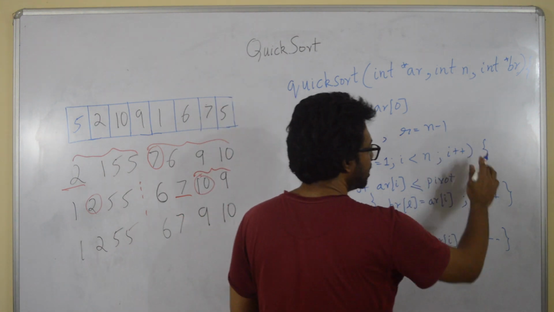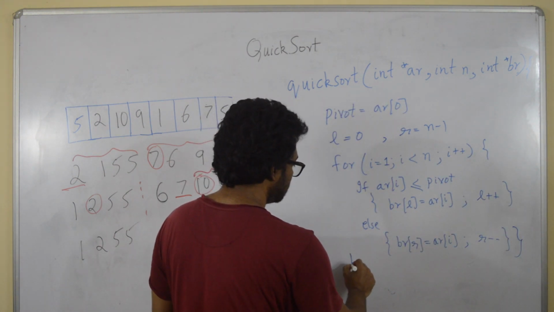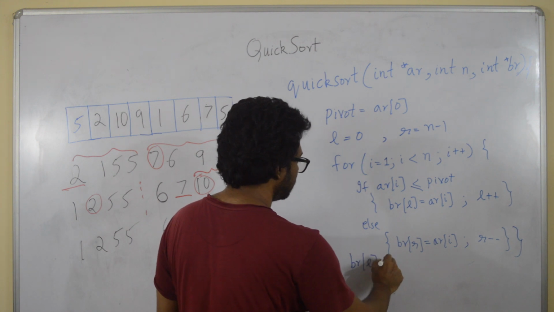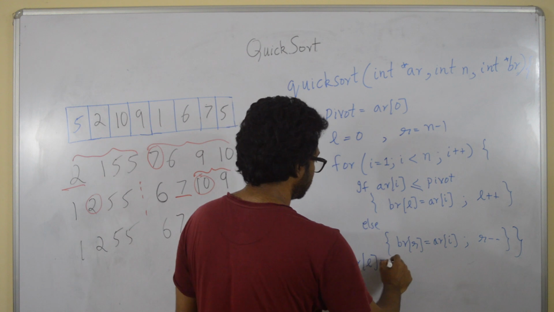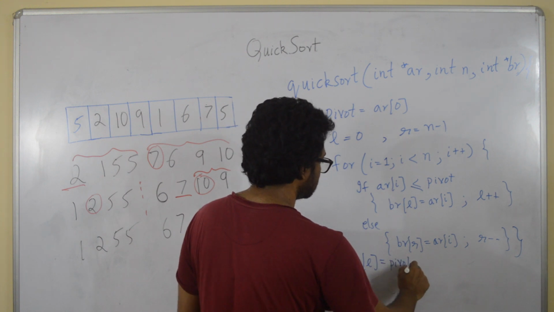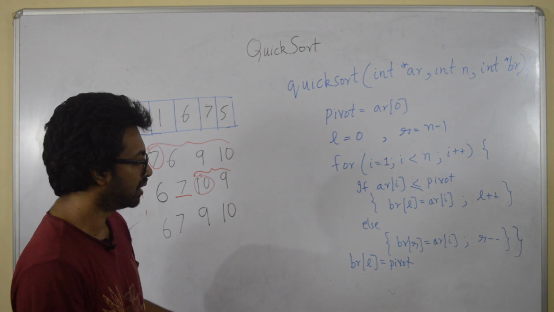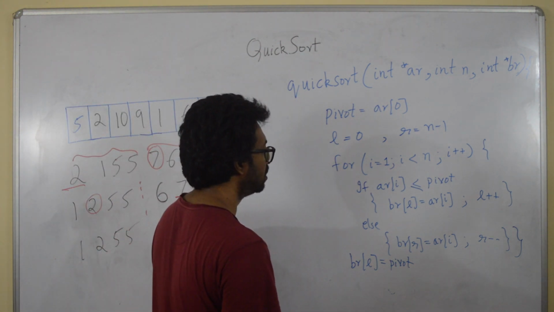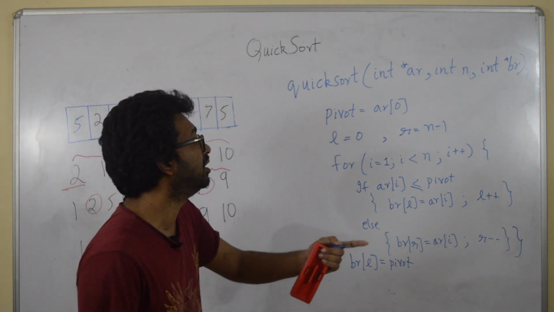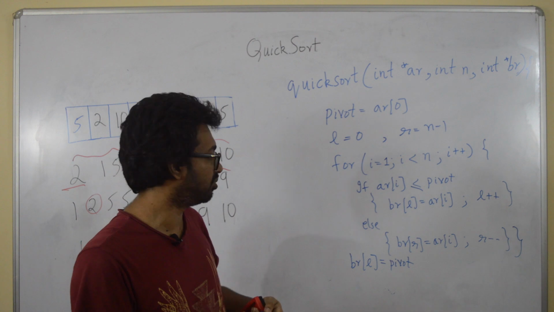I'm going to end this for loop bracket here, and then write BR of L is equal to pivot. And then I'm going to send the two arrays there. Now I'm basically using BR as my input array.